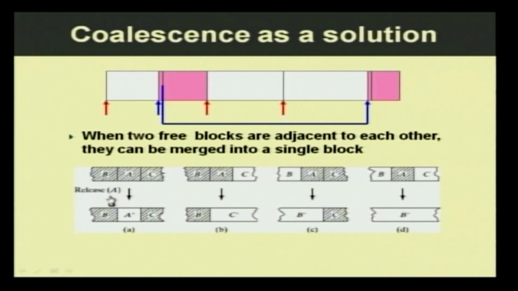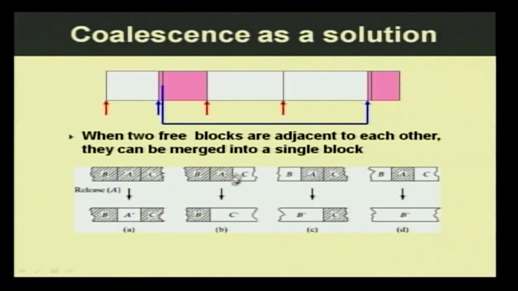So, in this example, you can see there are B, A, C going on inside your memory, and process A is completed and released. B and C are two different bits, so coalescence cannot happen here.